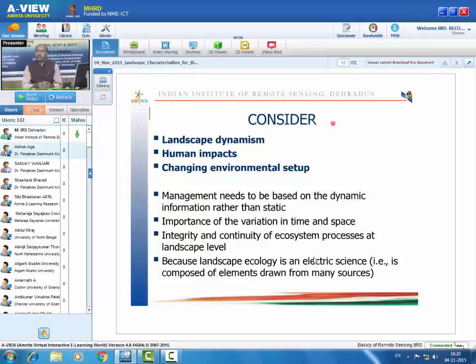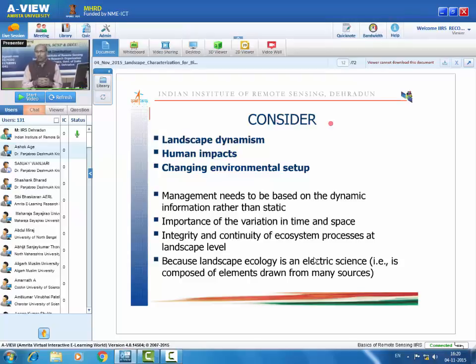Integrity and continuity of ecosystem processes at landscape level has to be ensured, because if you don't allow these processes to happen, then biodiversity evolution, or what we call speciation, will not be happening, and that will lead to the disappearance of many species occurring in our country.